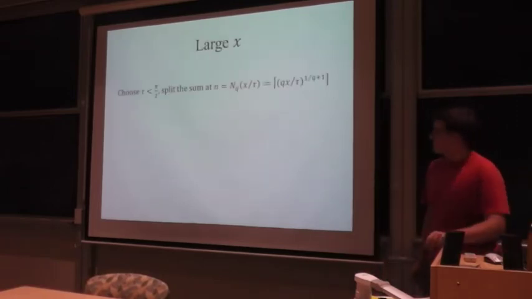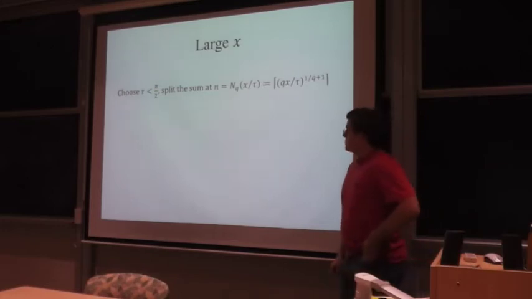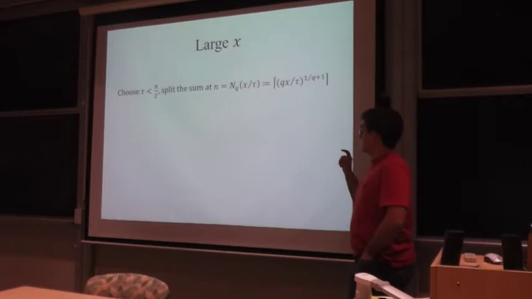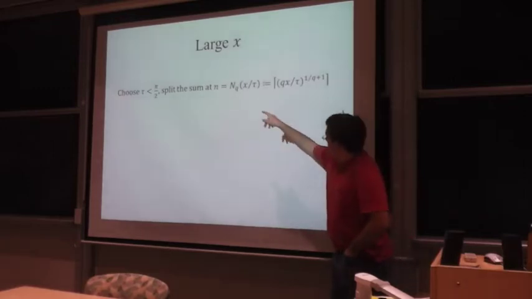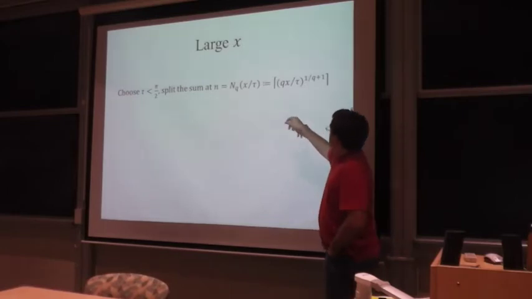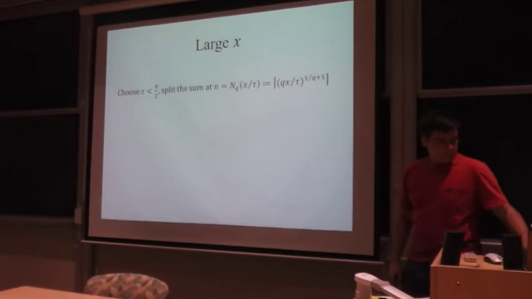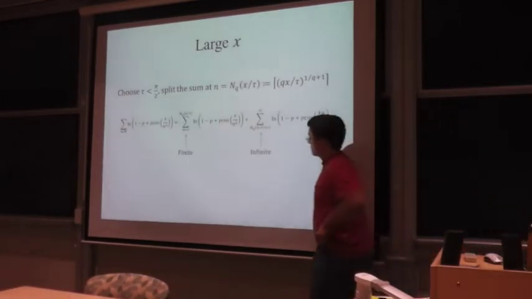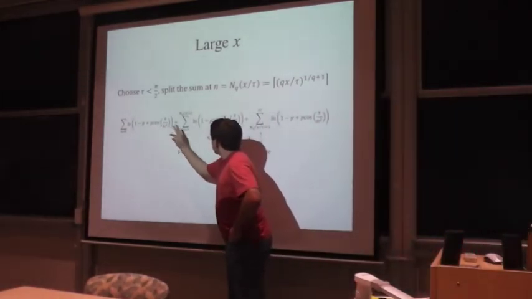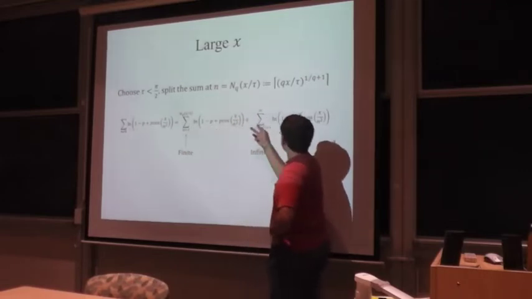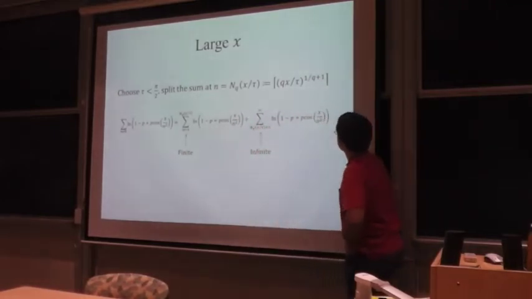For large x, we split in the following way. We choose a tau less than pi over 2. That's within the first quarter period of cosine. We split the sum at n sub q x over tau, which we define as this. So as follows, we split this into a finite sum and an infinite sum at those bounds.